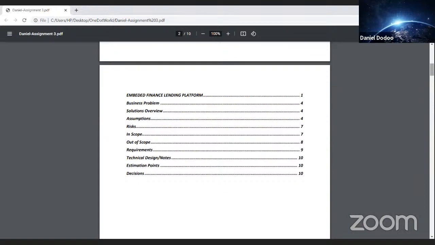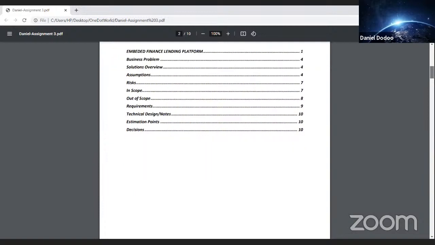The very first on my list is the business problem, and we move on to the solutions overview, the assumptions, the risks, in scope, out of scope, requirements, technical design notes, estimation points, and decisions that were taken.